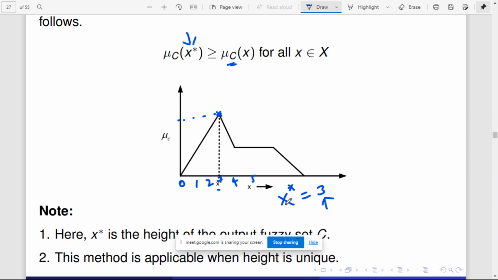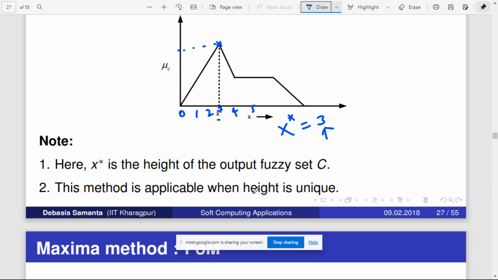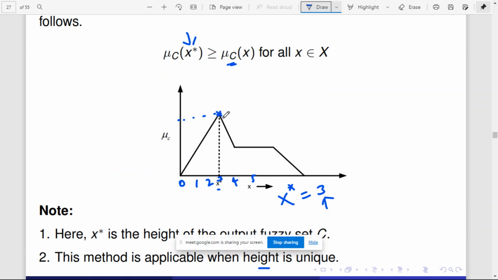But this method is applicable only when the height is unique, in the sense that you should have only one peak value. Suppose the graph is something like this, then you cannot apply this method, because more than one x value has the highest point.